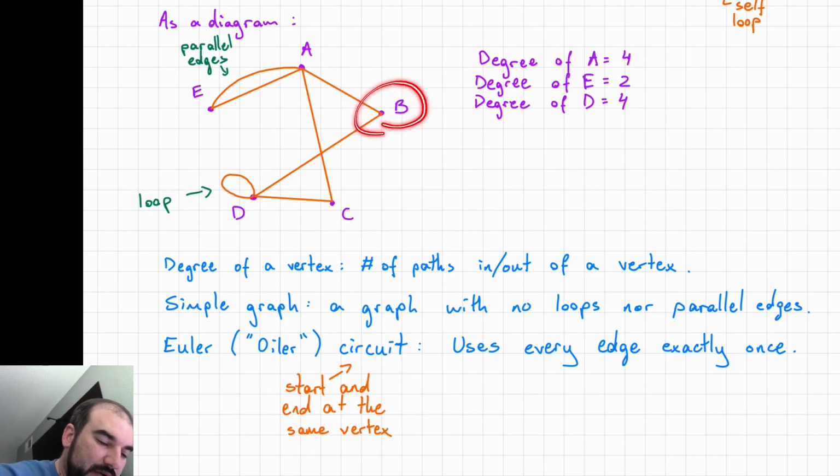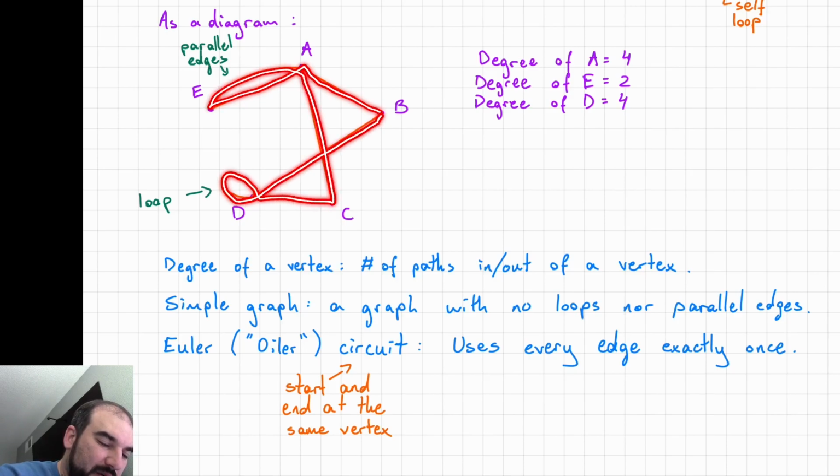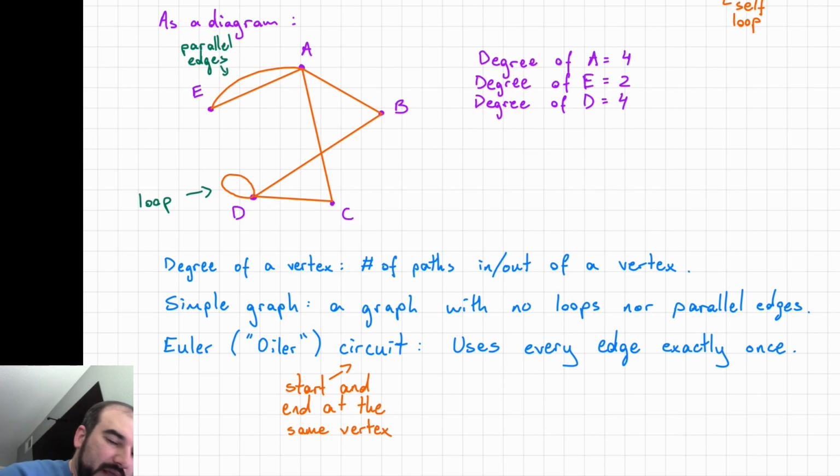So because I found one starting at B and going around the figure, using every edge exactly once, never repeating any edges, we can answer the question: does this graph have an Euler circuit?